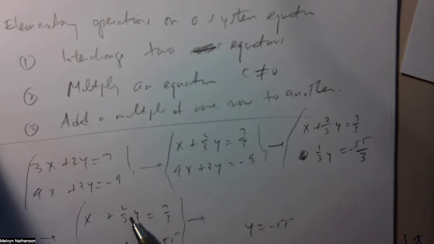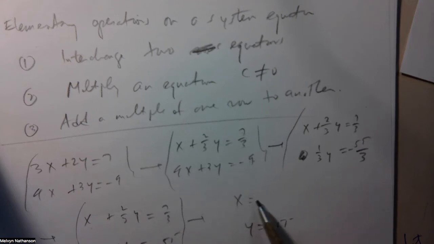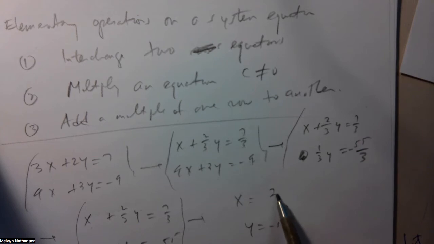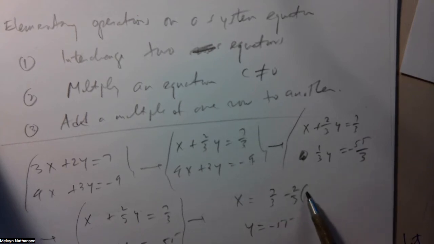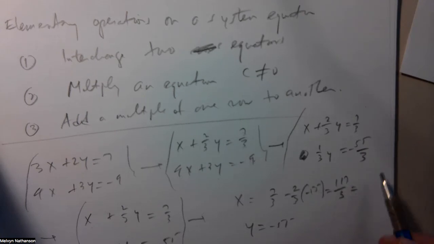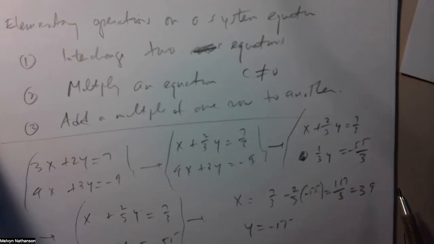I have x, and 2/3 y minus 2/3 y cancels, that's just 0. And I get over here 7/3 minus 2/3 times minus 55. Let's see. 2 times 55 is 110. 110 plus 7, 117 over 3, which I believe is exactly 39.